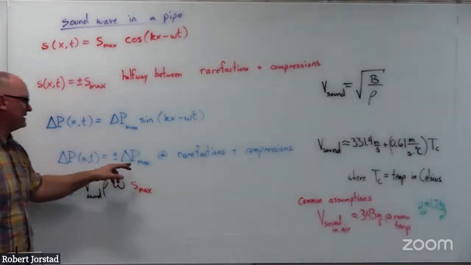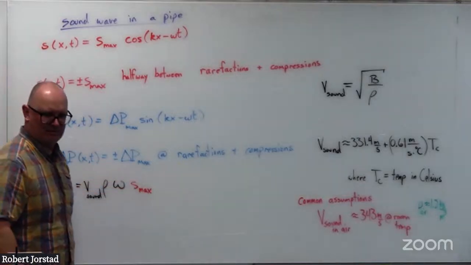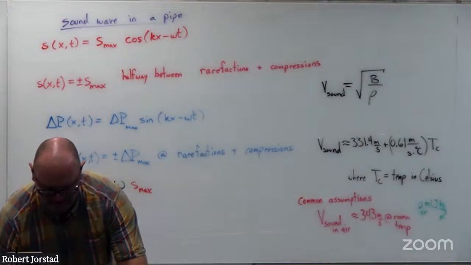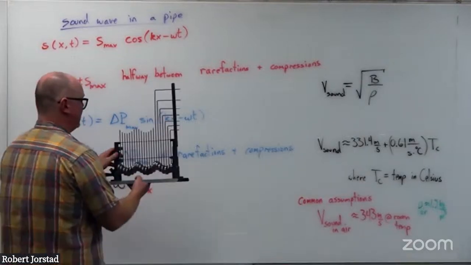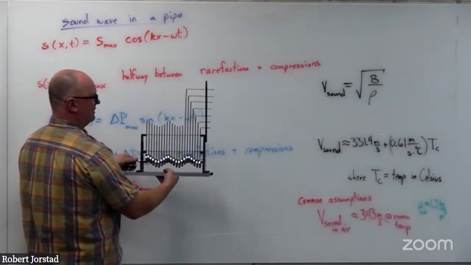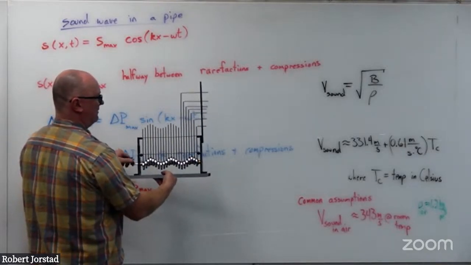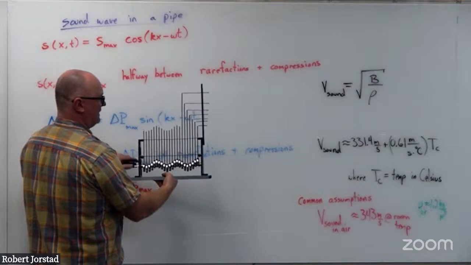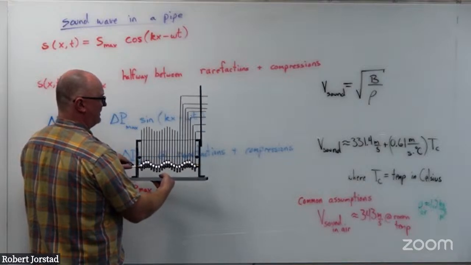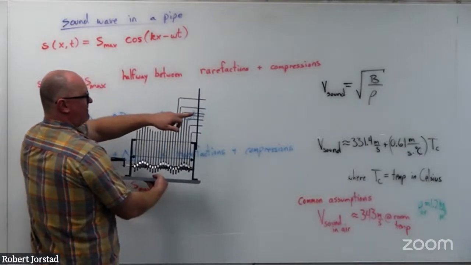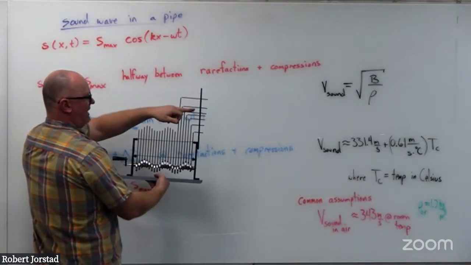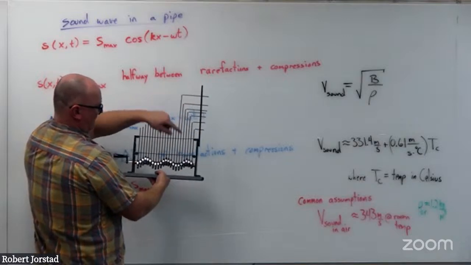So why do you get an overpressure maximum? Let's find a nice one right in the middle, right about there. At this point in time, which rod is that? It's hard for me to see.